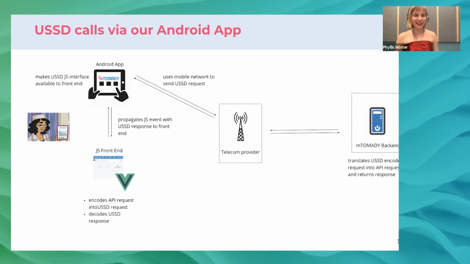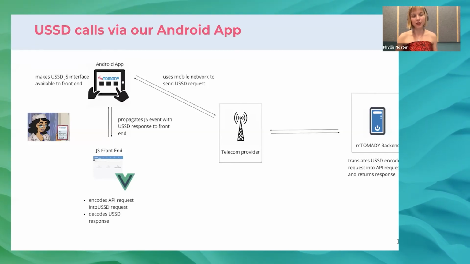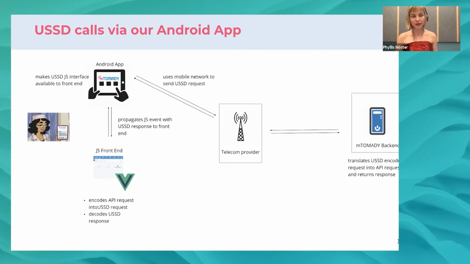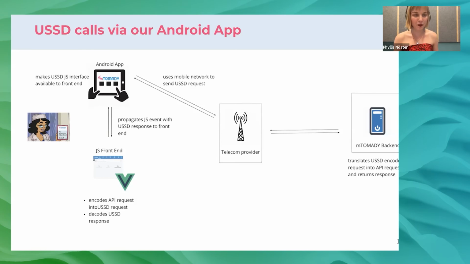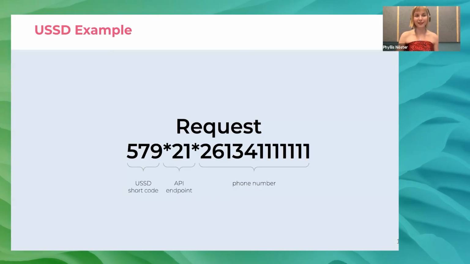No. So we developed a system for that, where with our partners at the hospitals, we are registering their SIM cards. So our backend will only accept a USSD API request if it comes from a registered SIM card that belongs to one of our partners. Yeah, and now on to our USSD example.